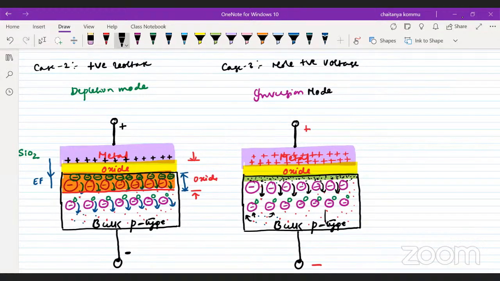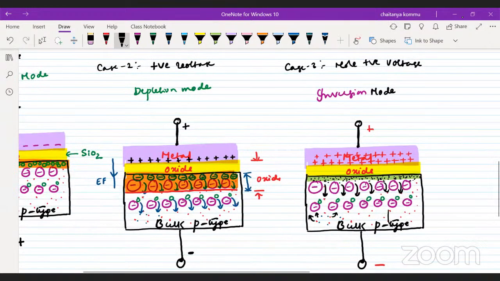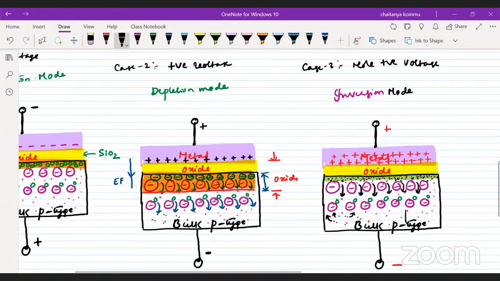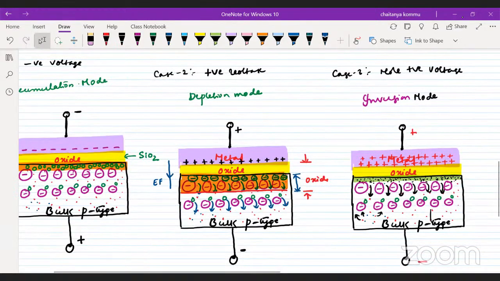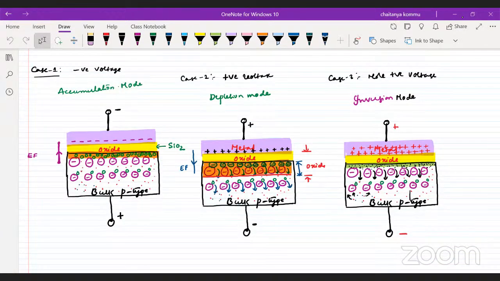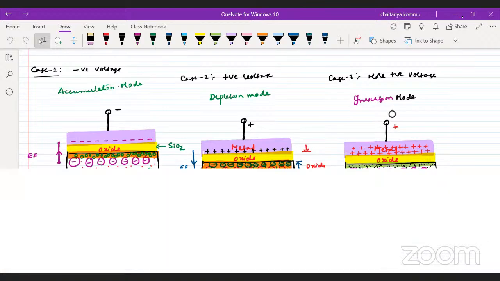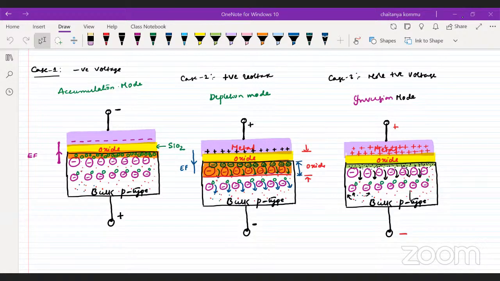Okay, so please respond, students. So this is what we need to know about the MOS capacitor. So I want responses from your side. Okay, so don't be idle. Whatever concept I have discussed here, everyone from the class should know about it. I'm not getting responses.